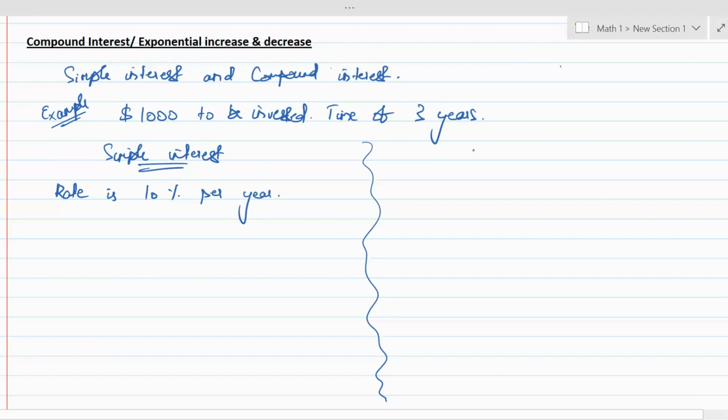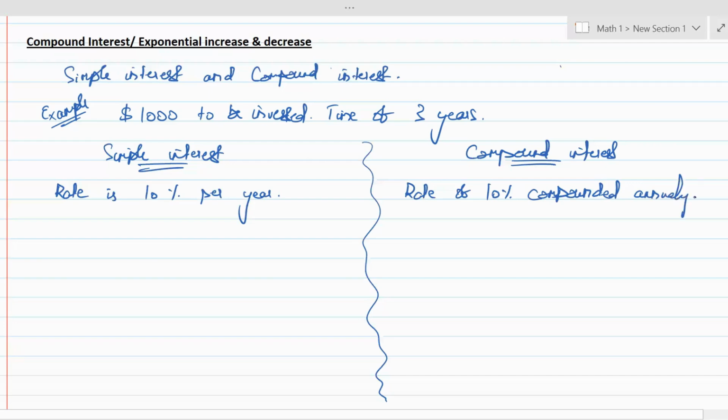And for compound interest, again the rate is 10% only, but the difference in the statement would be a rate of 10% compounded annually.